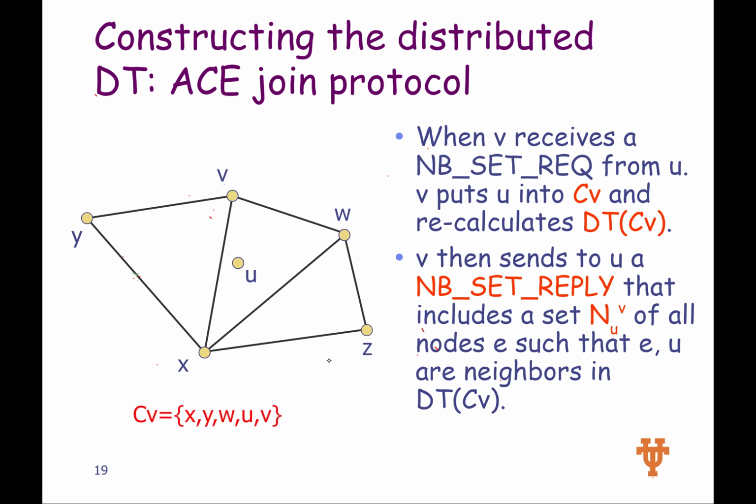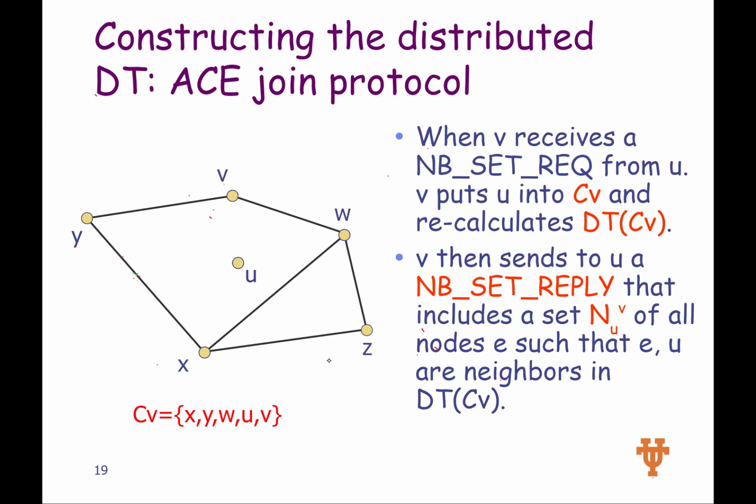And now V has its local DT. V's local DT originally includes V and Y and X and W. They are V's DT neighbors, right? And now it includes U. So now it includes 5 nodes. It doesn't include Z because we don't care about Z. Z is a remote node. So V will calculate its local DT again.